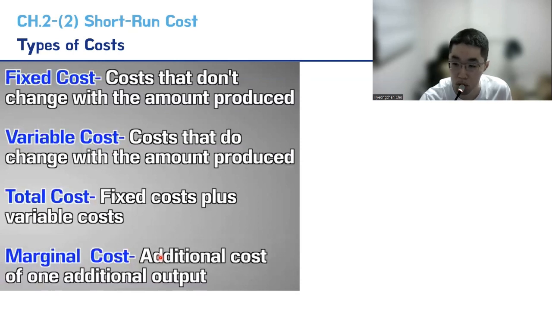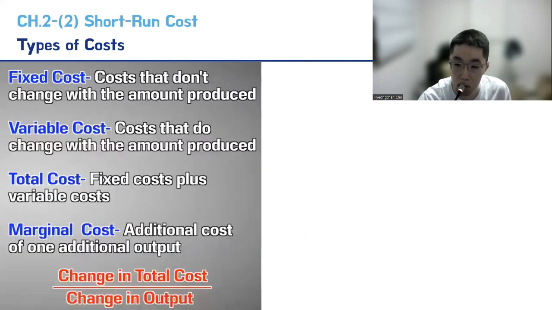If you're in a pizza restaurant, it is the cost of producing one additional pizza, right? So it is the change in cost divided by the change in output. Okay. So now you understand these types of cost: total fixed cost, total variable cost, total cost, and marginal cost, right?